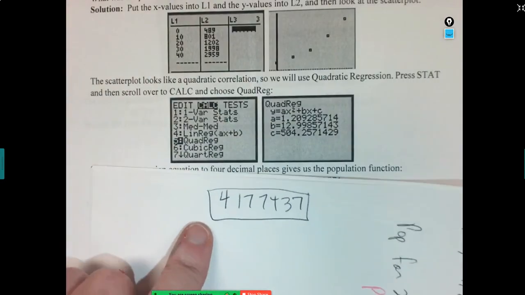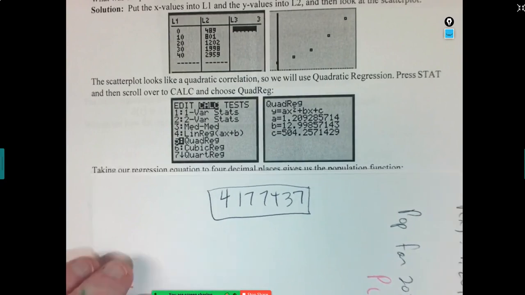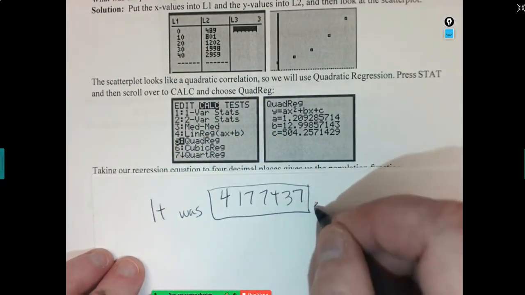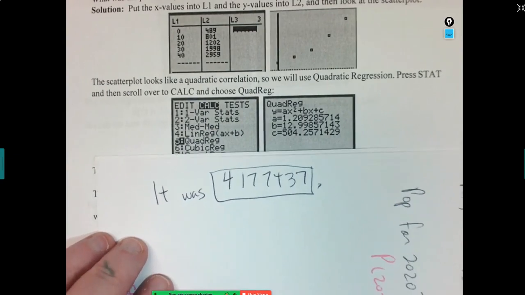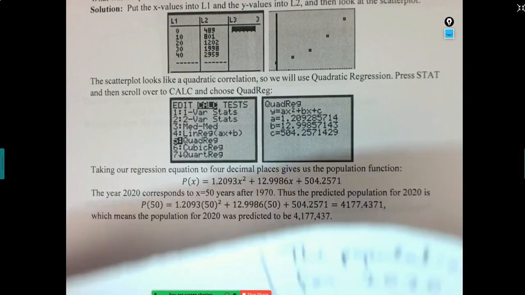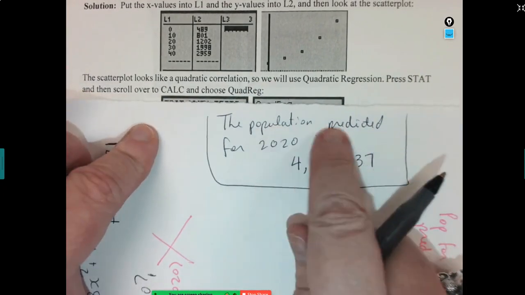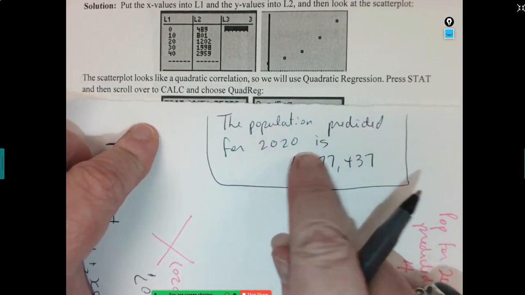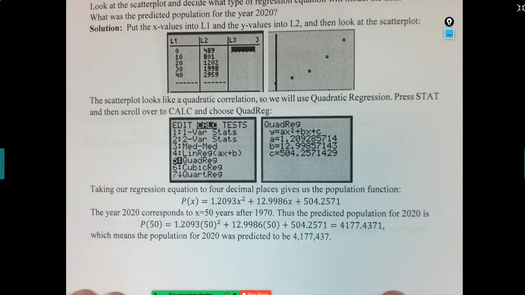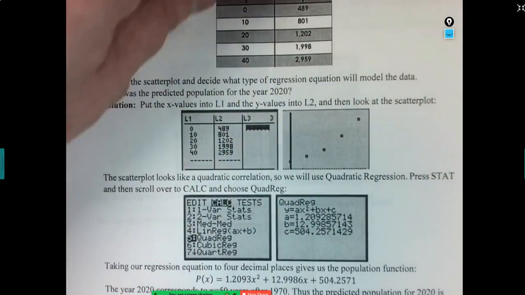So this is not following the instructions, and this is really not following the instructions. The department is looking for: the population predicted for the year 2020 is that. Okay, that's what we're looking for. All right, so that takes you through that example.